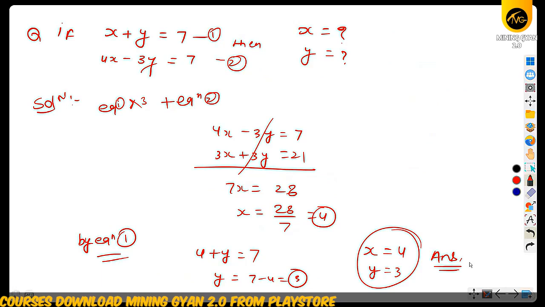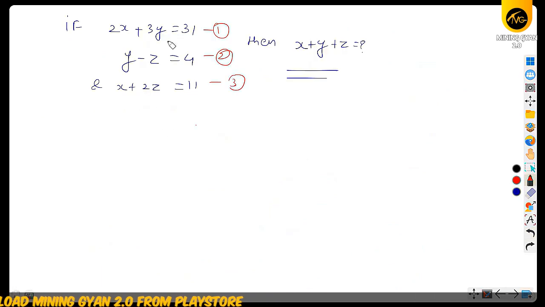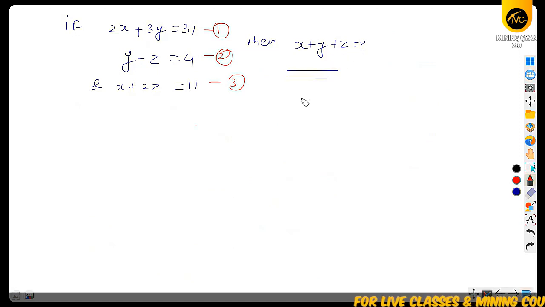Okay. Now next one is 2x plus 3y is equal to 31, y minus z is equal to 4, x plus 2z is equal to 11. So what is the value of x plus y plus z? Just find the values of x, y and z and just add all three numbers.